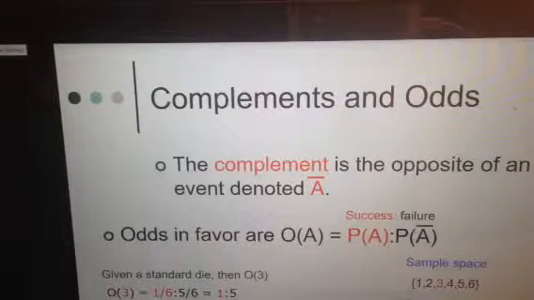Given a standard deck of cards, what are the odds of getting a heart? Well, you've got 13 chances of getting a heart, and 39 chances that it's not going to be a heart. So that would be 1 to 3 odds.